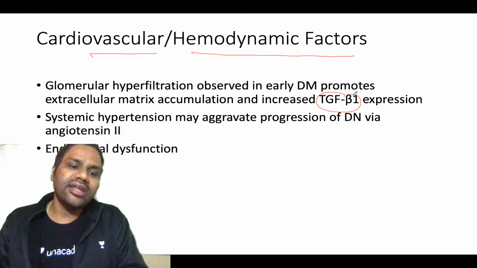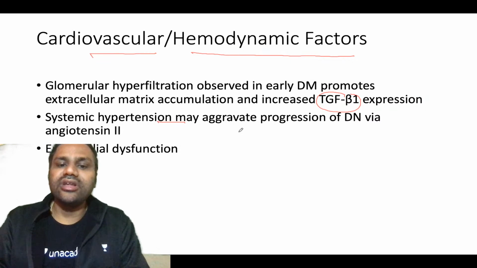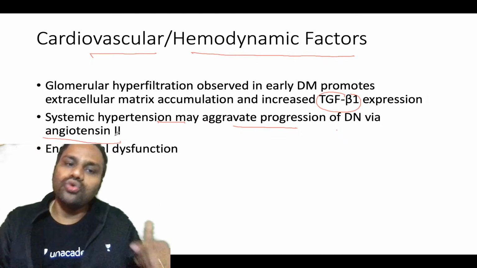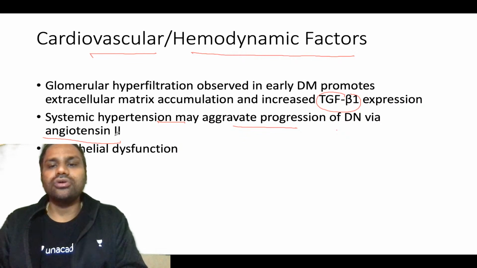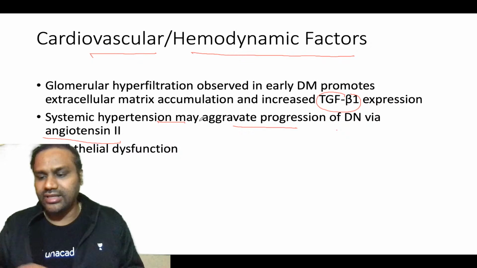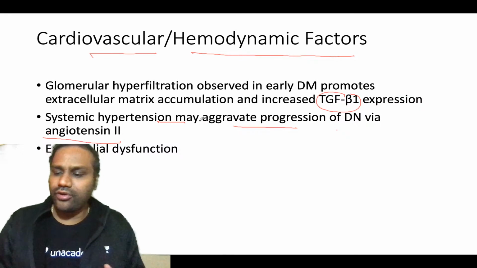Systemic hypertension may aggravate progression of diabetic nephropathy by angiotensin 2, and endothelial dysfunction can also result in development of diabetic nephropathy. So that is very important in the development of diabetic nephropathy.